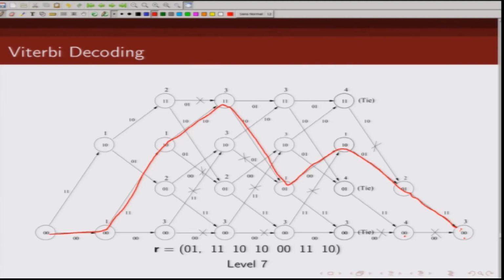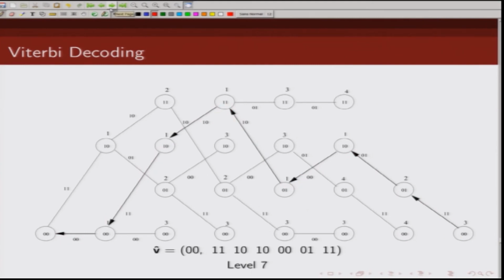Corresponding to this received sequence, my decoded code sequence is 0 0 1 1 1 0 1 0 0 0 0 1 1 1. And this is shown here. This is my backtrack path and this is my estimated code sequence. So, this is how we decode a convolutional code using the Viterbi algorithm.